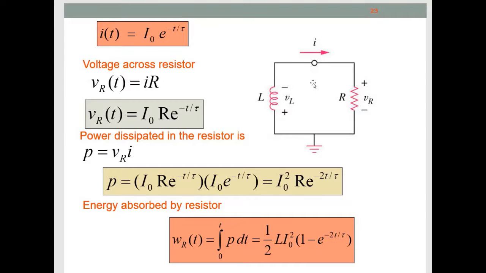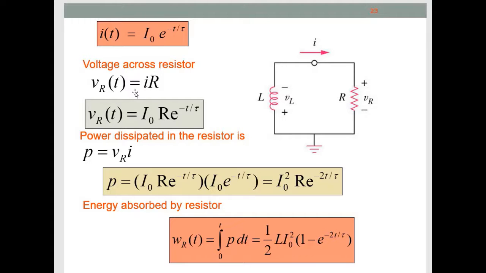Okay, so the voltage across the resistor will have the same value as the VL, but with reverse polarity. And also we can calculate the VR according to this formula.